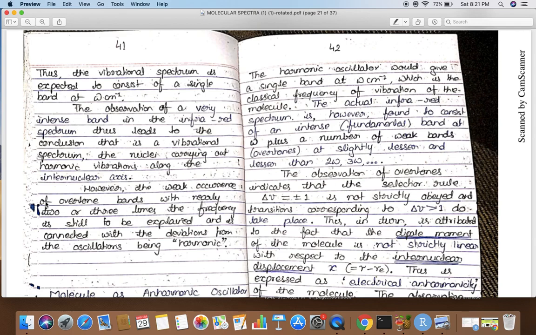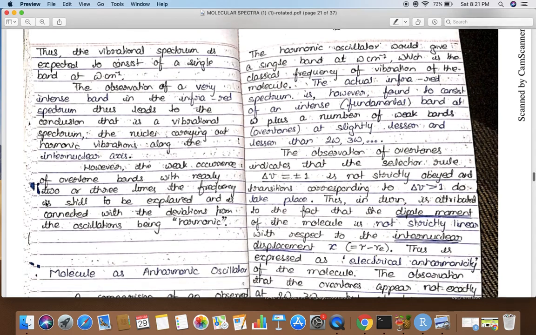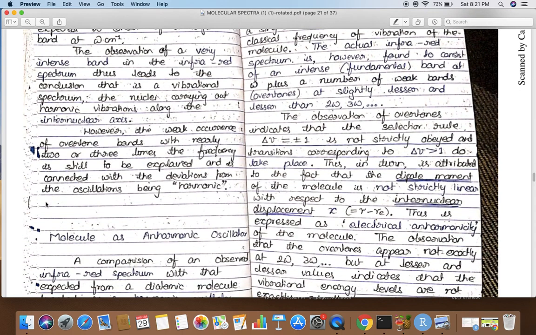Any resonant frequency above the fundamental frequency is referred to as an overtone. That will be explained once we discuss the molecule as an anharmonic oscillator. For today, we have discussed the vibrational rotational spectra. Thank you.